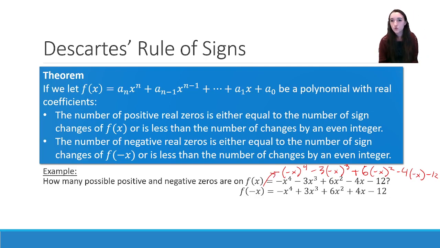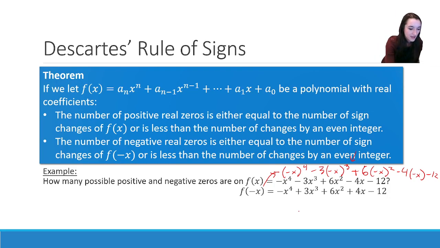But we can quickly say that the sign is only going to change if it is an odd term, because negative x cubed is negative x cubed, but negative x squared is positive x squared.